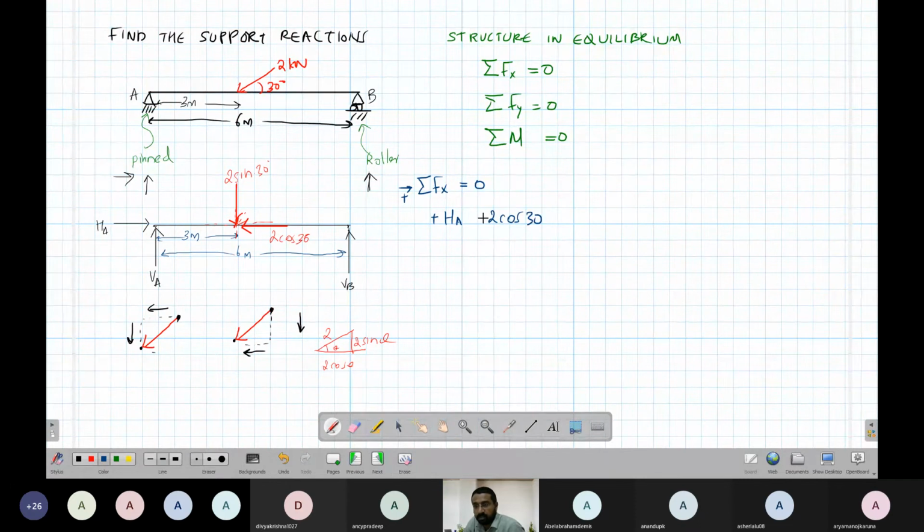It is on the left side, so this is minus. It should be equal to 0. Now what is cos 30? Cos 30 is root 3 by 2. So HA equal to 2 into root 3 by 2 equal to root 3 kilonewton.